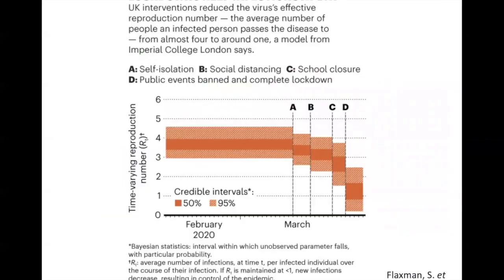Let me just skip this. It's a bit complicated in terms of time. So here from another paper in Nature, you could see that the effective reproduction number can be influenced by different interventions: self-isolation, social distancing, school closure, public events banned, and complete lockdown, as we also saw from Sovi a bit.